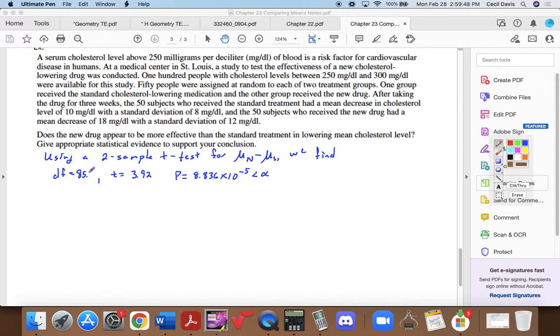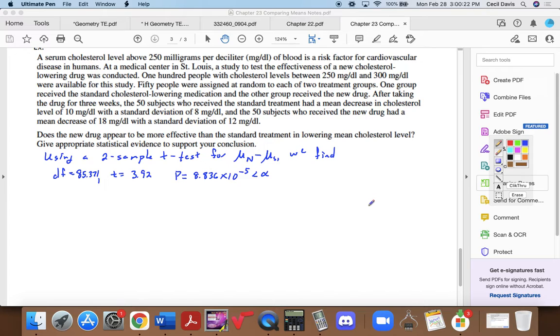In the problem, the first one that they list is the mean for s and not n. So the 10 and 8 is for s, and the 18 and 12 is n. I didn't know that it mattered. Because 1 minus 8.8356 times e to the negative 5 is going to be 0.999. So you have to do 18 and 12 first. Or you can just switch it to less than. You make mean 1 is less than mean 2. That makes sense.